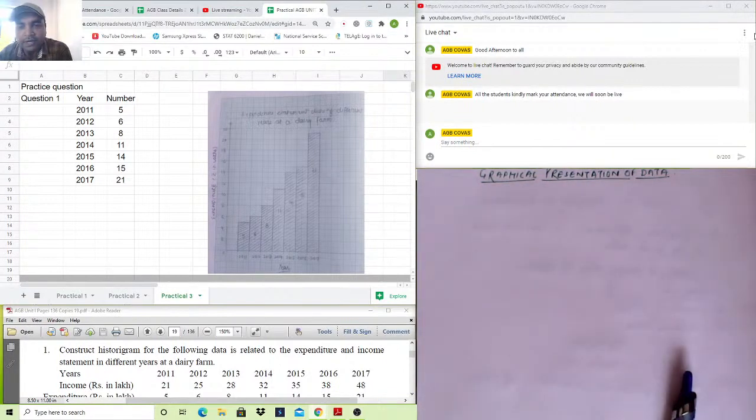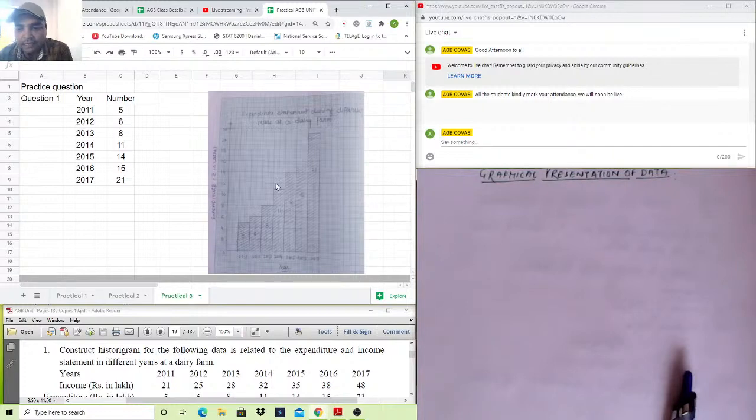Again, just to remind you, we have one window for chatting. If you find any difficulty in between, you can write it in your YouTube chat box, and I will try to solve it at the same time. In one window we have the practice questions on the top left corner, and I have placed a snap of an already prepared graph. I will tell you today how to make these graphs.